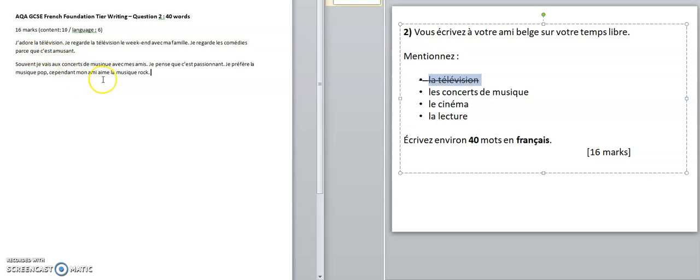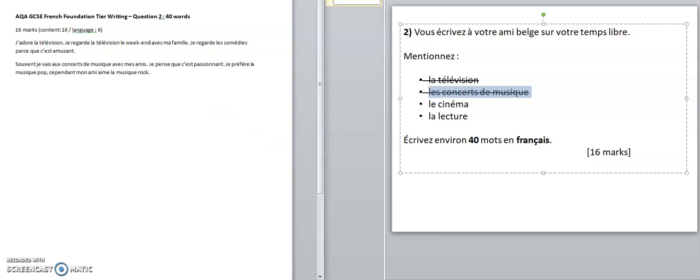If we know j'aime is I like, then just take off the I, the J apostrophe, to get the likes ready for my friend likes. Mon ami aime. It gets a little bit more complicated if you say my friends like, but if you keep it to one person, then that works really well. Cependant, mon ami aime la musique rock. Okay, that one's done. So I can cross that one off.